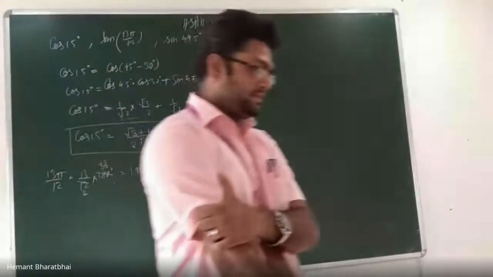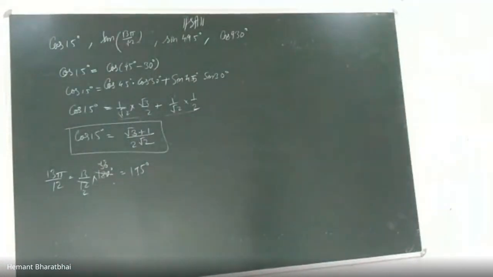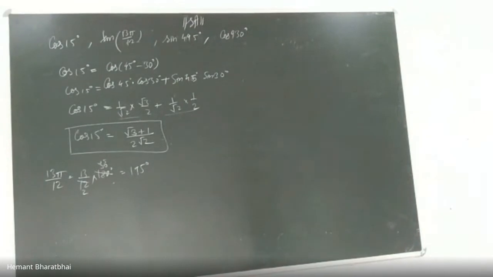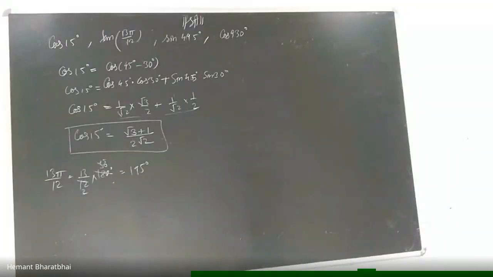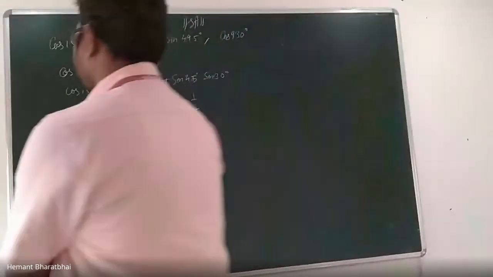I have not calculated 15 into 13. You guys can calculate and let me know how much is 15 into 13, and then we'll find out the value of tan of 13 pi by 12. So answer me, how much is 15 into 13? Correct, 195?